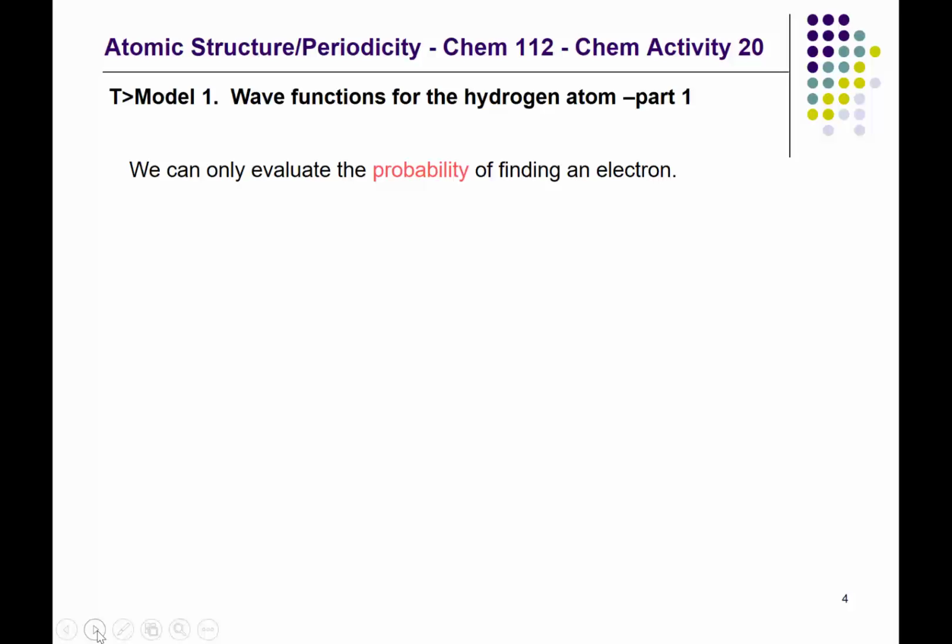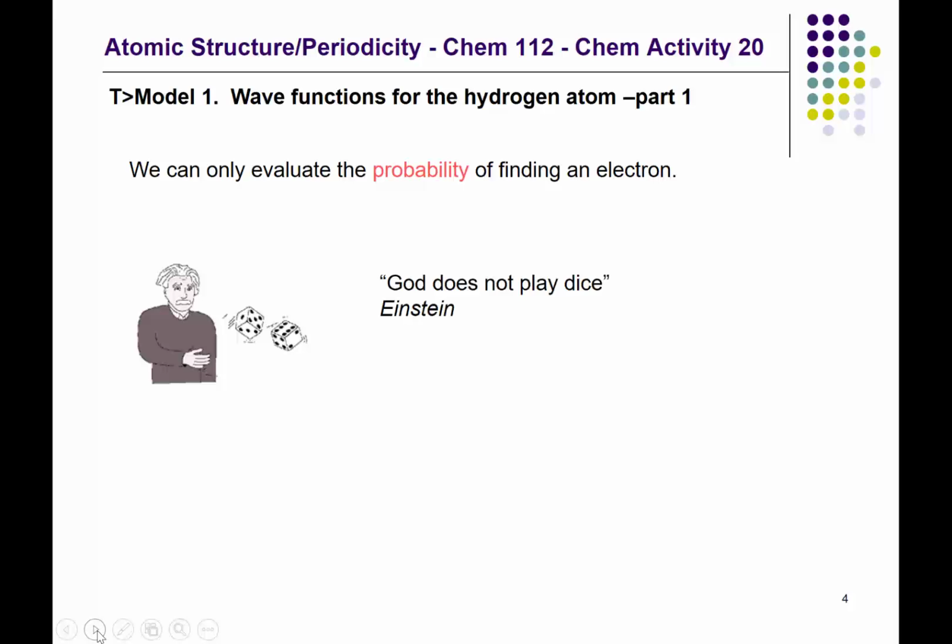There were a number of scientists at the time that were quite upset. You might recognize in this cartoon that this is one of the guys that was upset, Albert Einstein. Albert Einstein famously was quoted as saying, God does not play dice. He really thought that there must be some workaround for the Schrödinger equation so that we wouldn't have to rely on probabilities. Apparently at the time, Einstein and Niels Bohr were in communication. They would write to one another about the science they were working on.